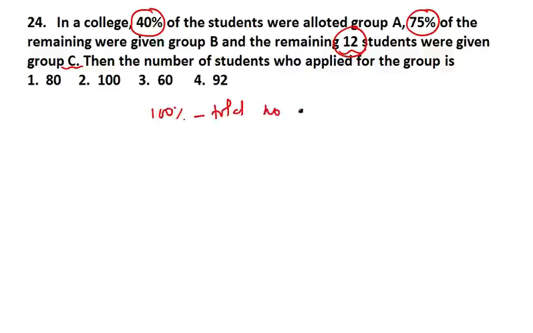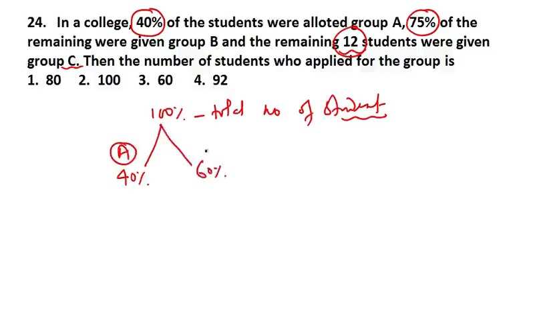Look guys, here let me remind you, if you want to take it as 100%, take it as 100. There is absolutely no problem. So 40% of students were allotted group A, means then 60% will be remaining, okay.